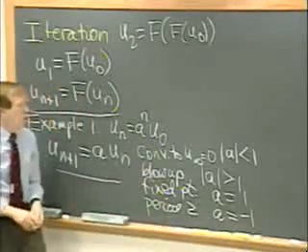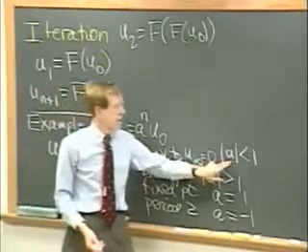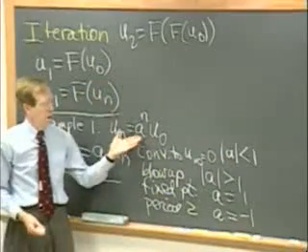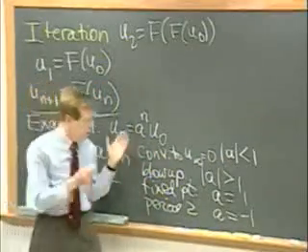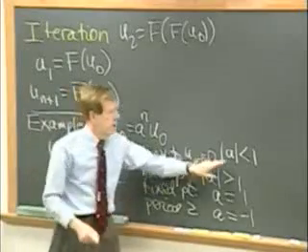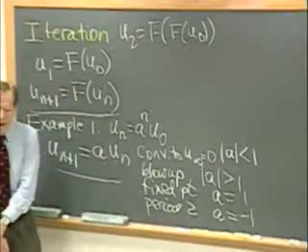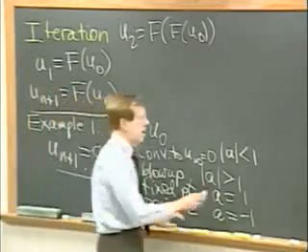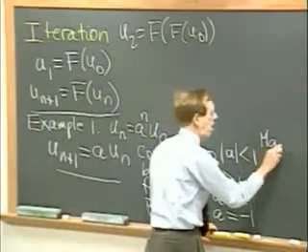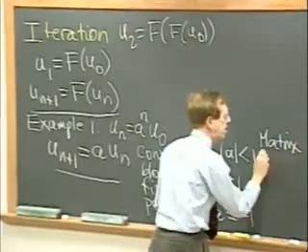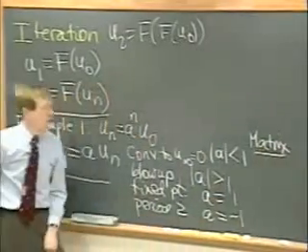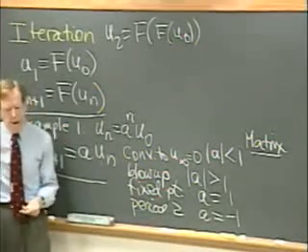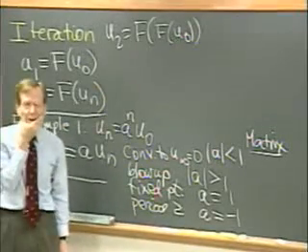Okay, so what takes the place of a here? That was just a number, and we could see that the test for convergence was that the number should be smaller than 1. Now, what's the test for the matrix case? If I have a matrix, I take powers and powers and powers of that matrix.